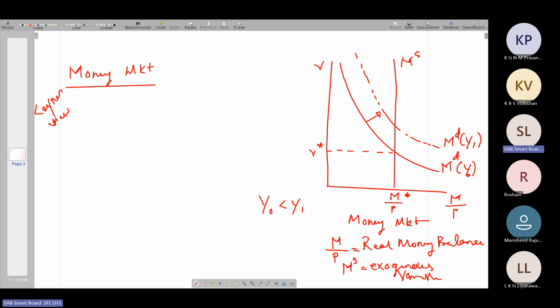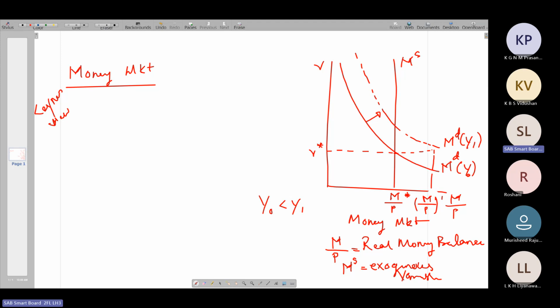So when there is a rise in money demand, keeping the money supply constant, what happens? At the prevailing interest rate, there is excess money demand. The money stock is given, but there is an increase in money demand at the prevailing interest rate.